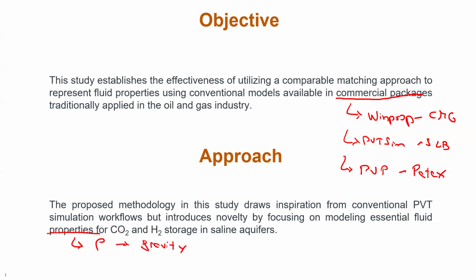And gravity is key in the performance of this kind of underground gas storage because if you are injecting CO2 in an aquifer or injecting hydrogen in an aquifer, both phases will go up due to the buoyancy effect. So the density will control how gravity-driven your movement is, depending on the contrast in density between the gas that you are injecting and the in situ fluid, in this case, the brine, okay?